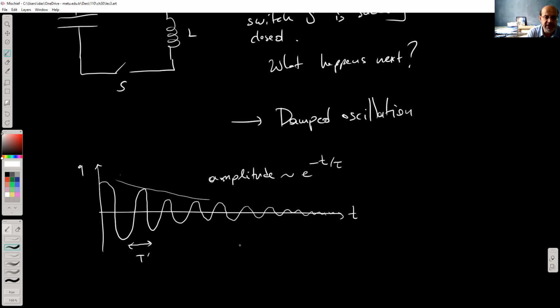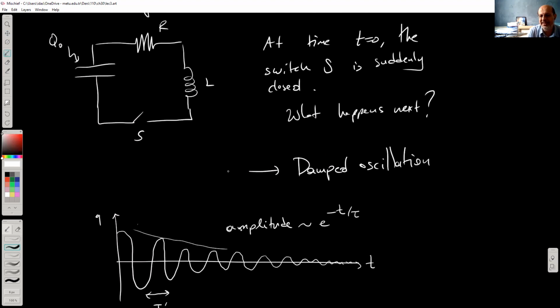Okay, so as a result, in all of these high temperature, ordinary conductor circuits, we always have a resistor, right? It's not a superconductor. So we always have a resistor, so therefore we have these kind of oscillations. So what people would like to do, if they want to produce these LC oscillations, is keep this resistance as small as possible so that you can see a lot of oscillations.